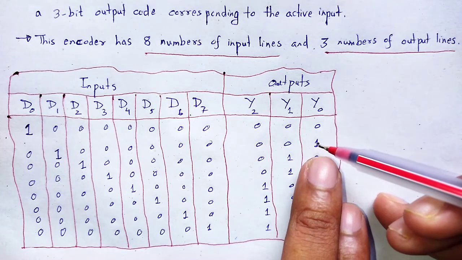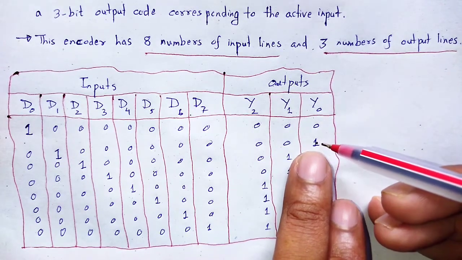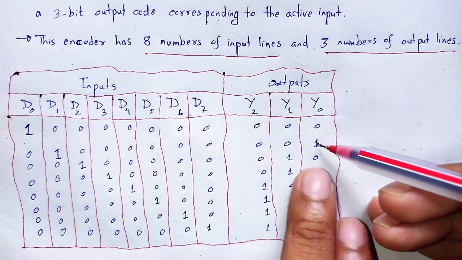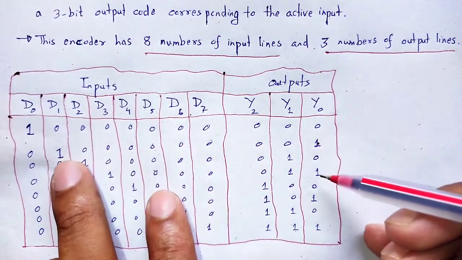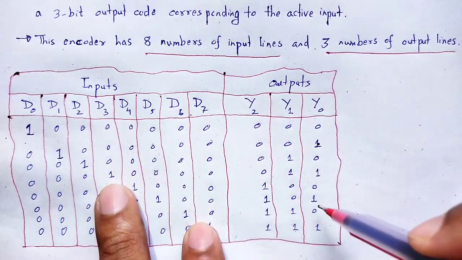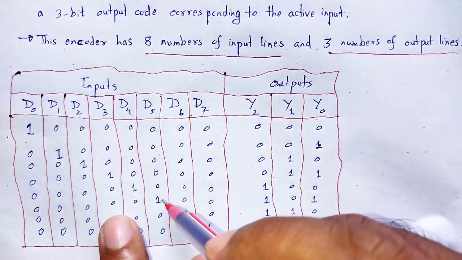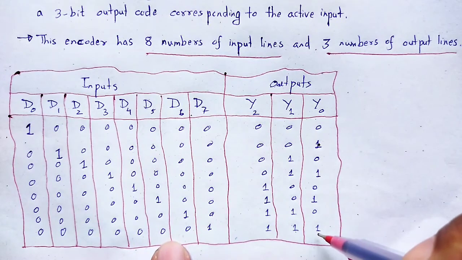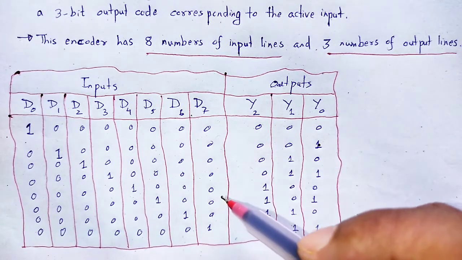At y0, the possible inputs are D1, D3, D5 and D7.